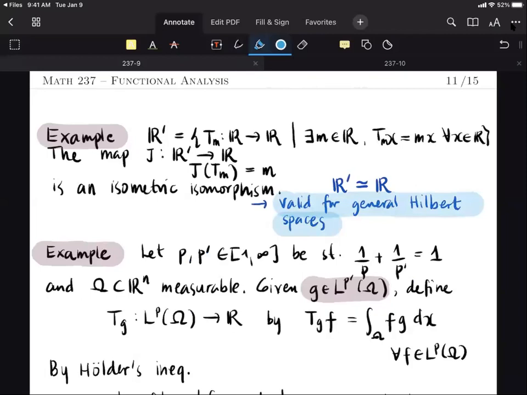So in particular, this implies that for any finite dimensional normed vector space, the dual is isomorphic to itself, since a finite dimensional vector space is isomorphic to a given Euclidean space, and the dimension is given by the dimension of the given vector space. And that is called the Riesz representation theorem.